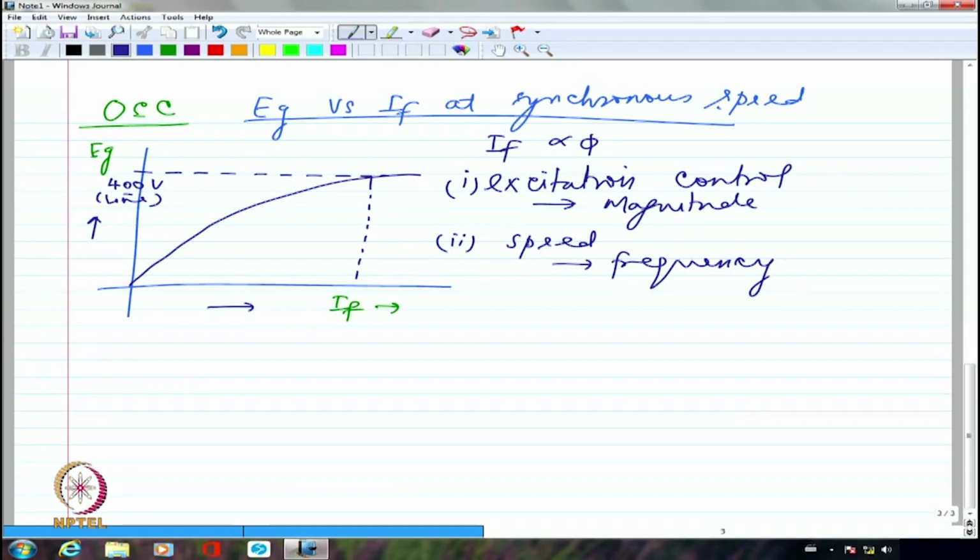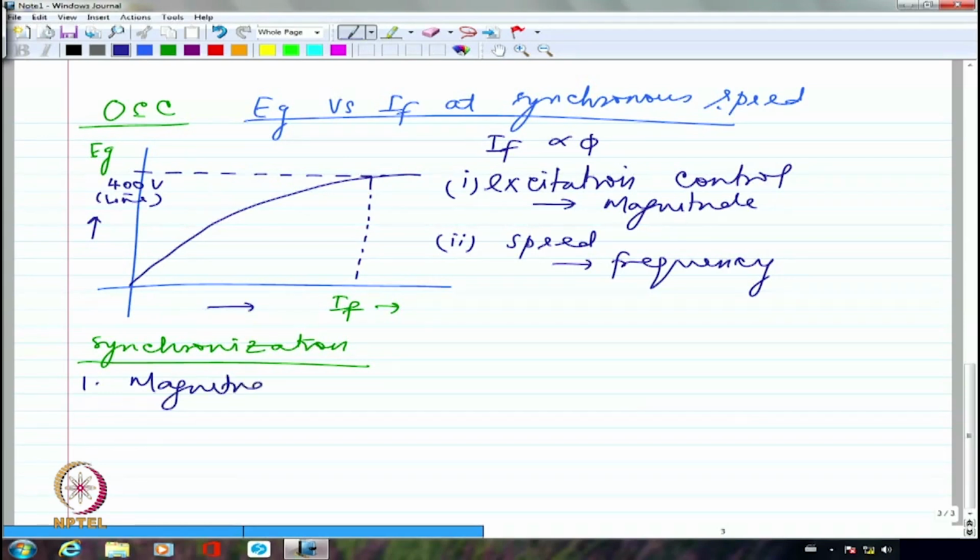So for synchronization, I will look at majorly four performance parameters. One is the magnitude of the voltage, which I can definitely adjust with the help of the excitation.